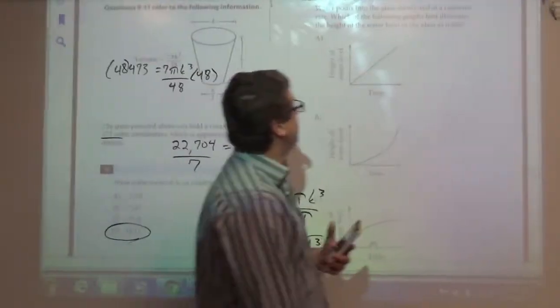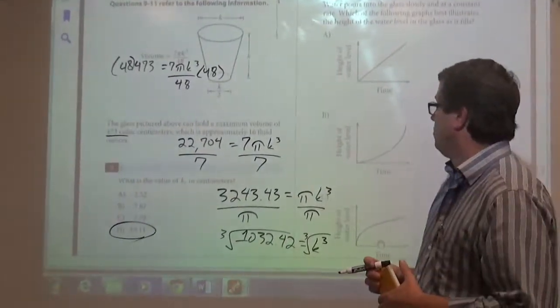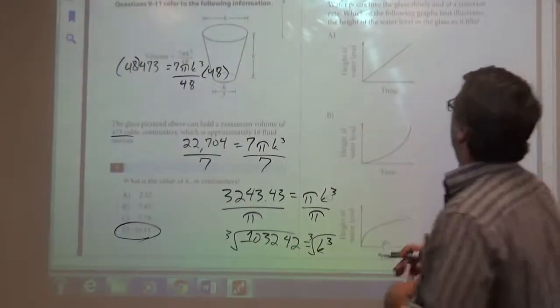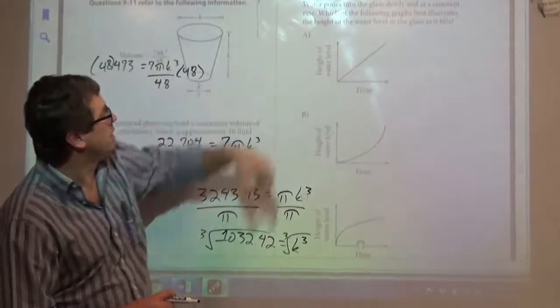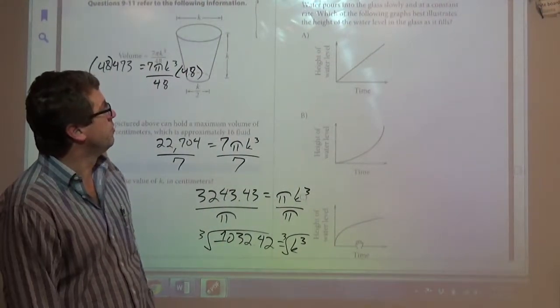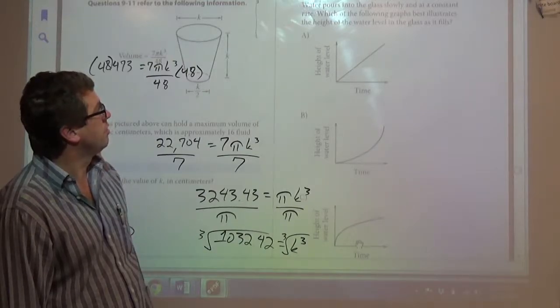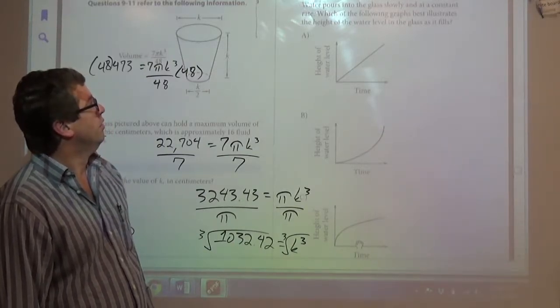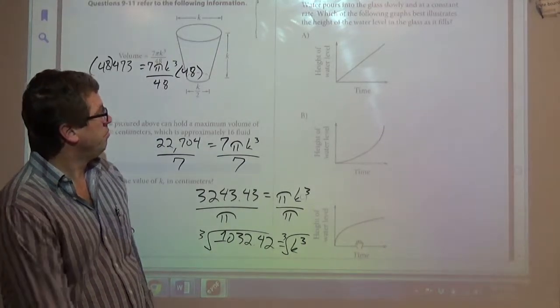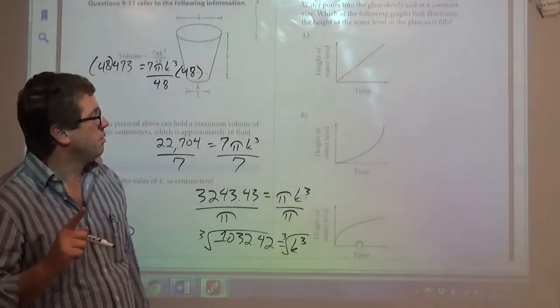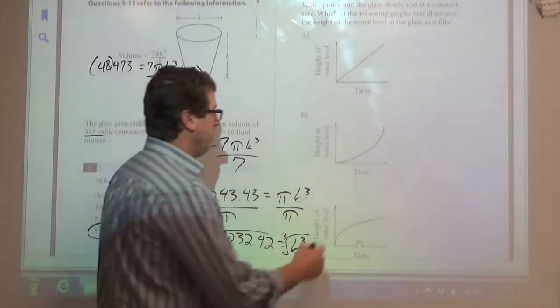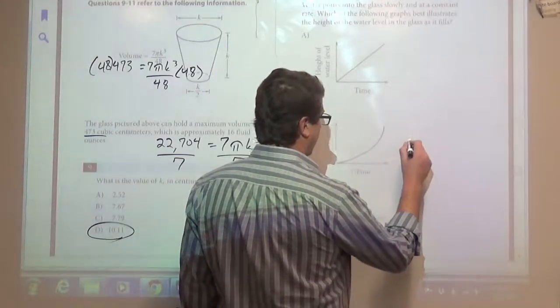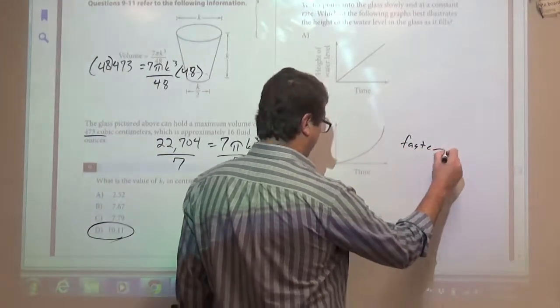Now for the next one, water pours into the glass slowly and at a constant rate. Which of the following graphs best illustrates the height of the water in the glass as it fills? The important part here is that they said constant rate. This one is getting faster over time.